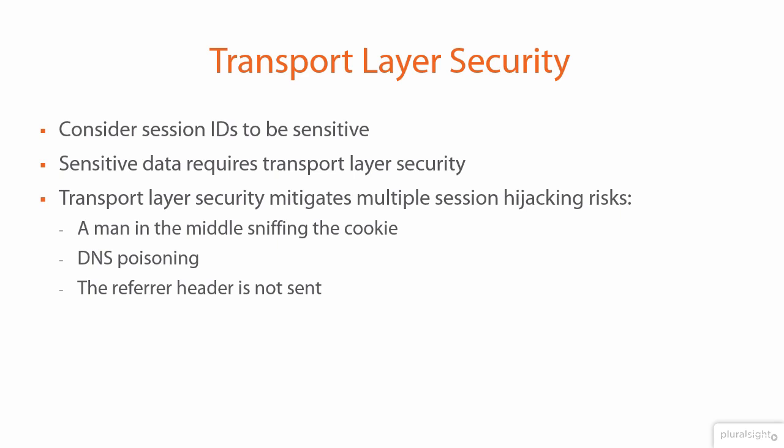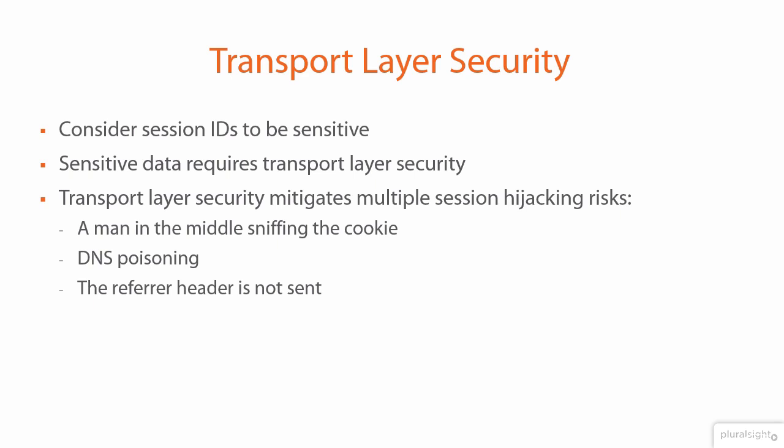It also stops things like DNS poisoning. What if the attacker could actually change the resolution of host names to IP addresses such that your traffic went somewhere else? Without a valid certificate from the server, which of course is exactly what transport layer security does, the connection gets dropped.